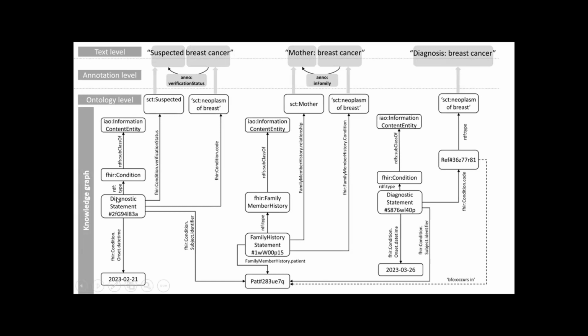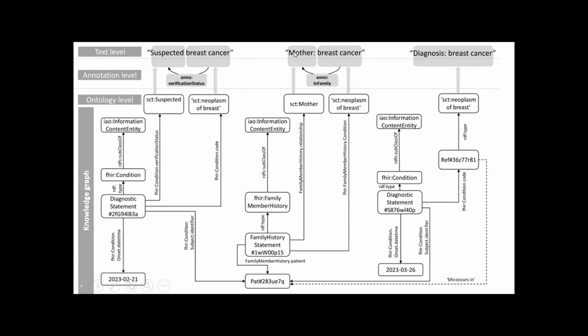But we have here an instance of the FHIR resource condition, which is diagnostic statement, and then according or triggered by this annotation verification status, according to this table I had shown previously, these 2 slots are filled. The verification status slot is filled with suspected, and the clinical condition slot is filled with this concept.